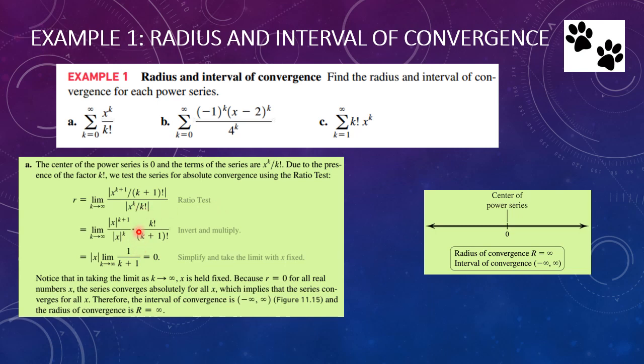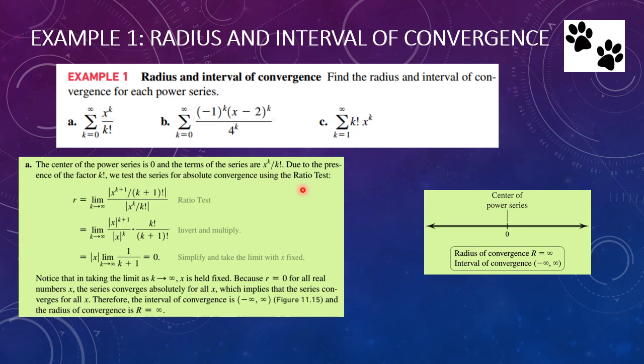When we simplify this, we get x to the k plus 1 over x to the k, which of course is just the absolute value of x. And then we get k factorial over k plus 1 factorial, which of course is just 1 over k plus 1. So as k goes to infinity, we see that this limit equals 0, okay?